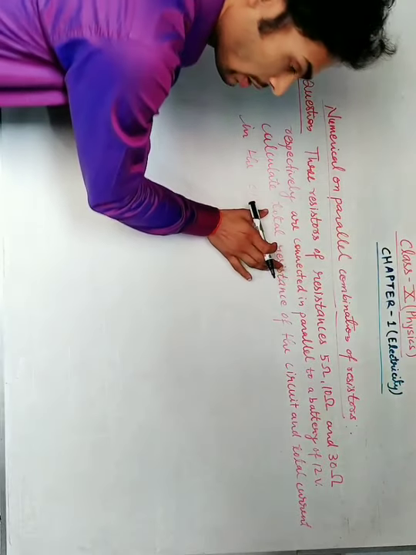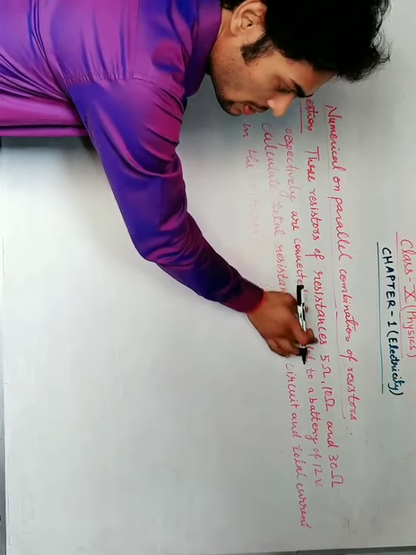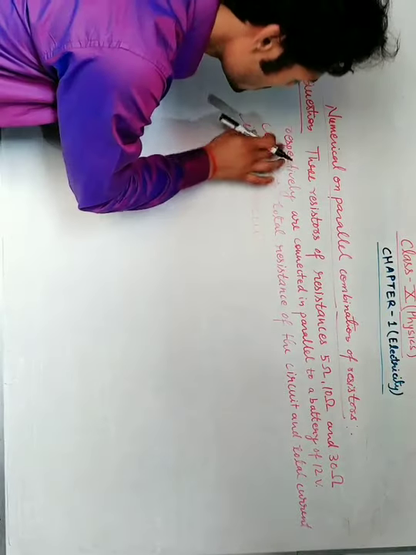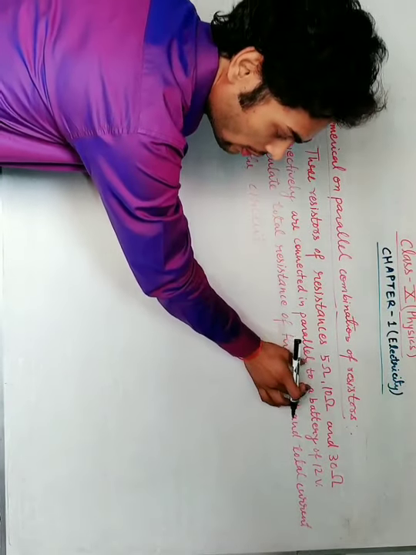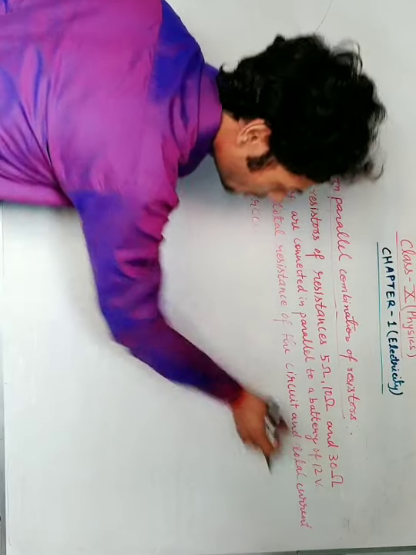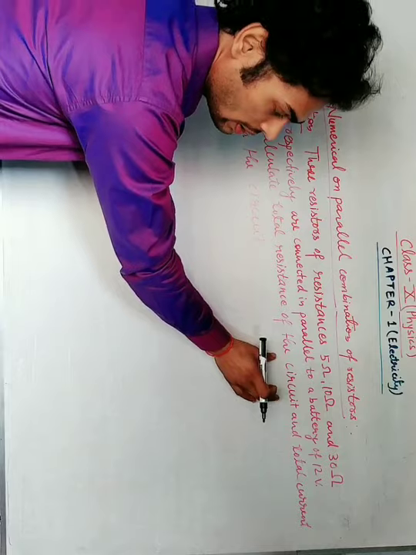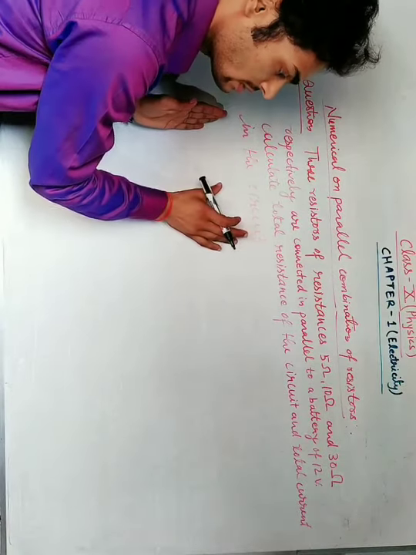Here is a given numerical. Three resistors of resistances 5 ohm, 10 ohm and 30 ohm respectively are connected in parallel to a battery of 12 volt, and we have to calculate the resistance of the circuit and the total current flowing through that circuit.